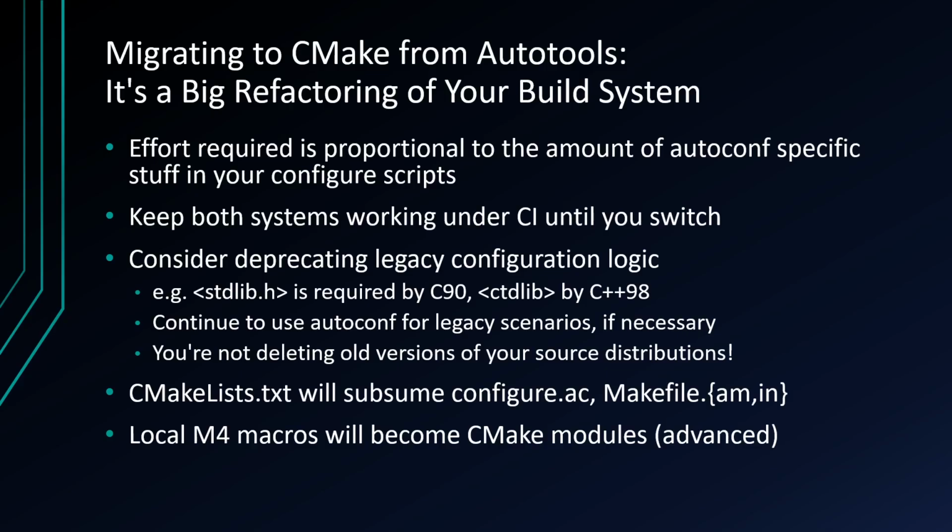Presumably the reason you factored out the M4 macros in the first place was that they were too noisy, you didn't want a 10,000 line file, so you put some macros in the aclocal.m4 file so that your main configure.ac was short and easy to read. You can do the same thing with CMake modules. You can write your own CMake modules and put CMake function definitions in there or other code that you want to execute.